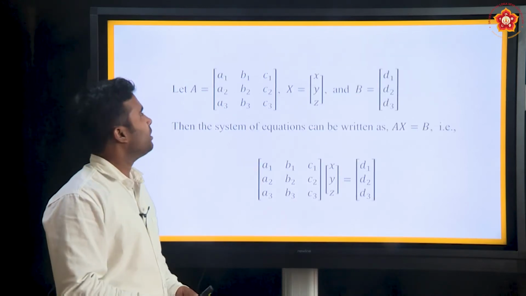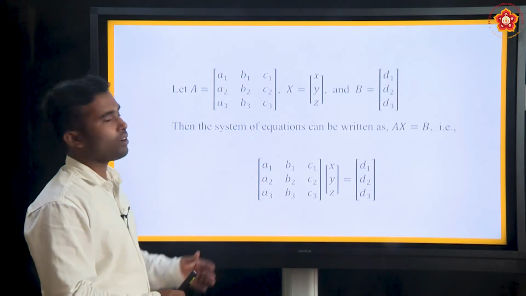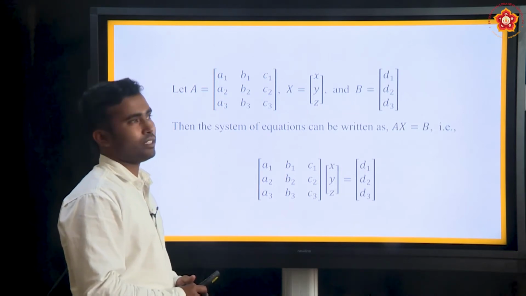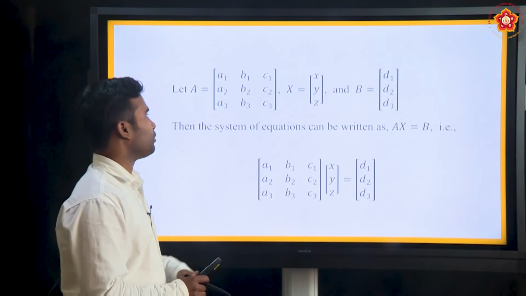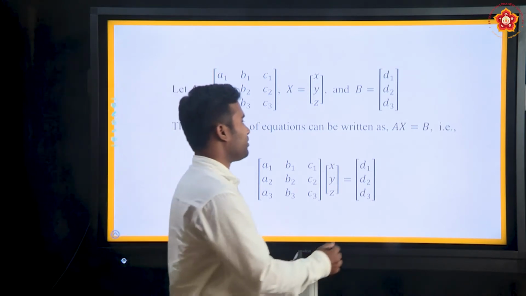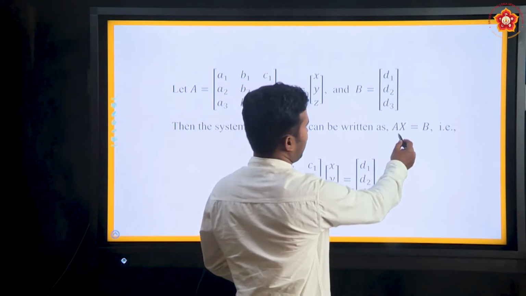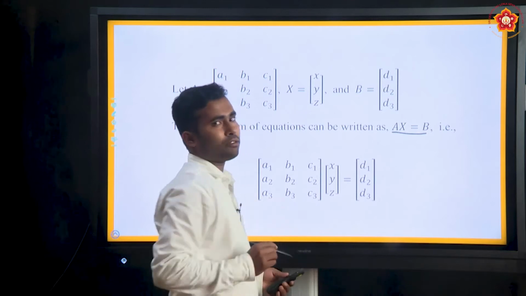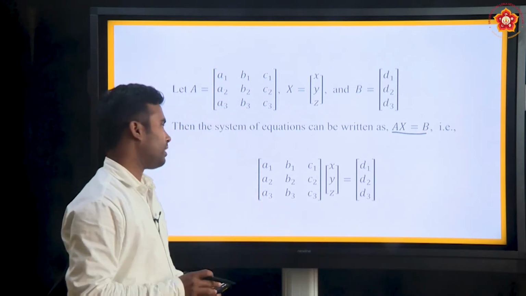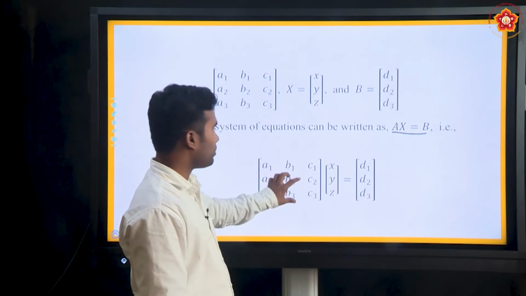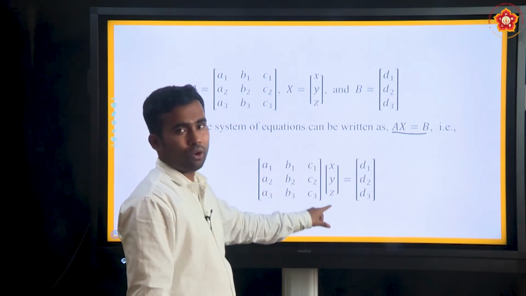The given system of linear equations can be written in the form of matrices, okay. So, what is that? I can write the given system of equations as AX = B, where A is nothing but all the constants, which are the coefficients of all these variables.